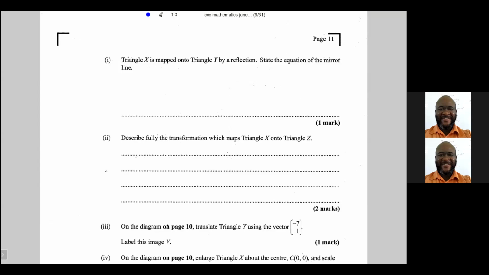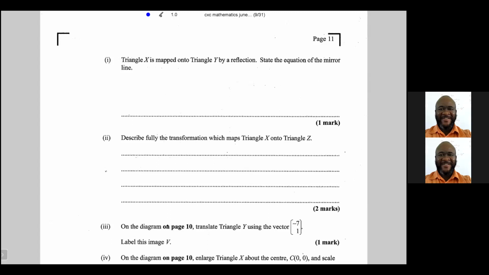We're told that triangle X is mapped onto triangle Y by a reflection. State the equation of the mirror line.